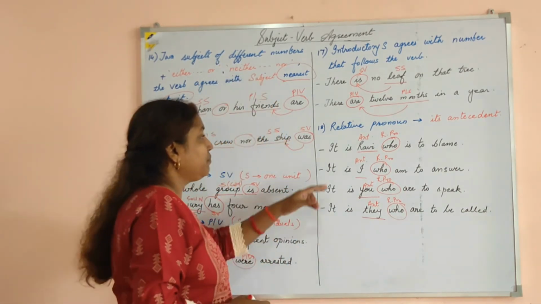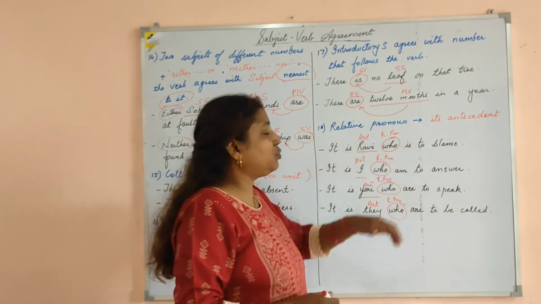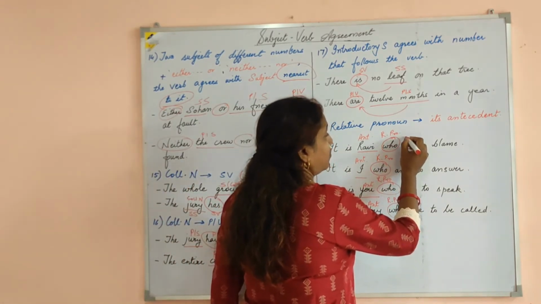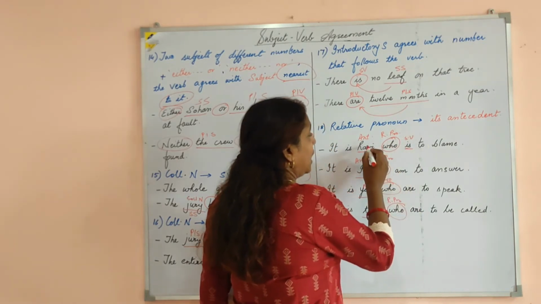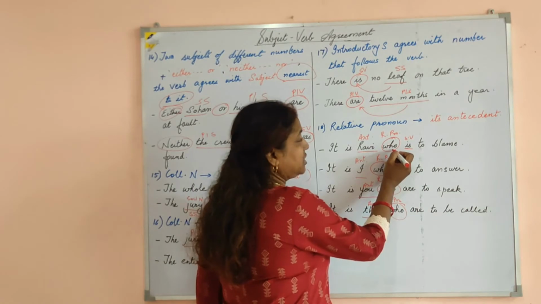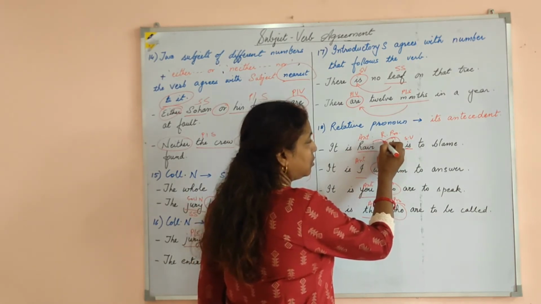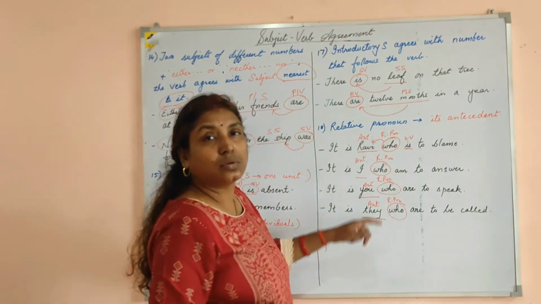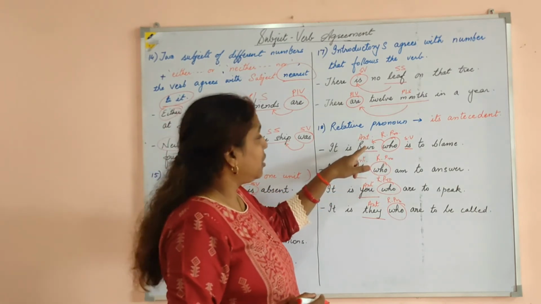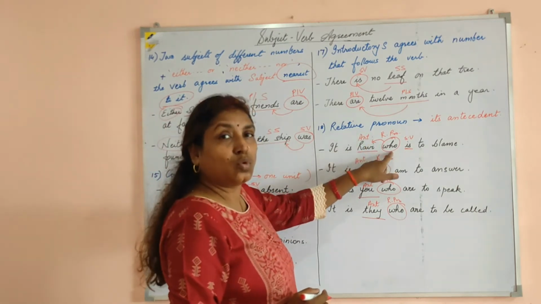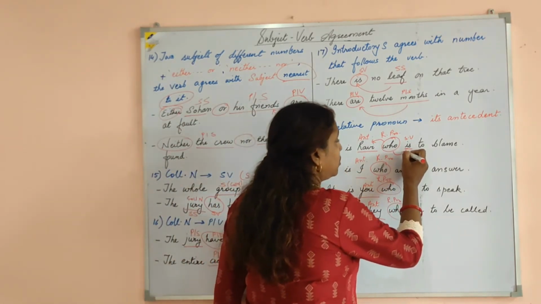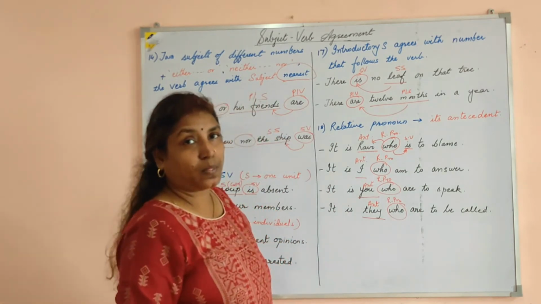For example, it is Ravi who is to blame. I have Ravi as antecedent. So, who is this who? This is Ravi. So, now who will take the number of Ravi and will give the number to the verb.